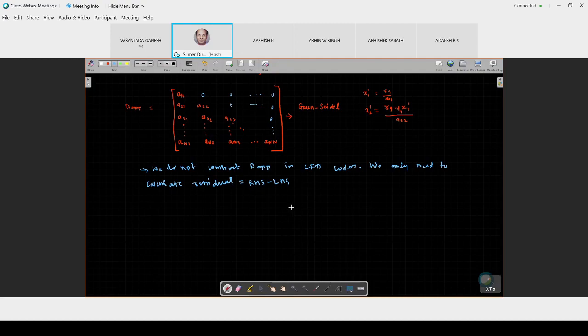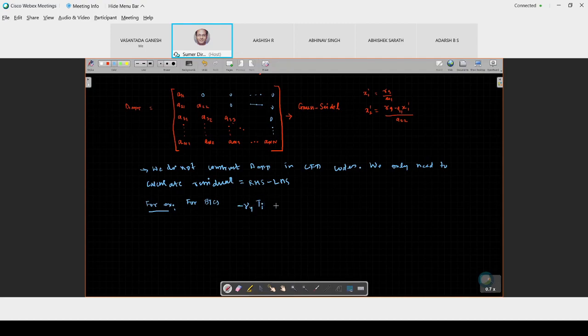So for example, we were looking at our BTCS scheme. For the BTCS scheme, what was the equation we obtained?